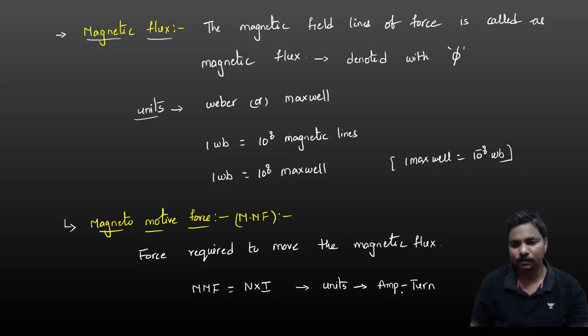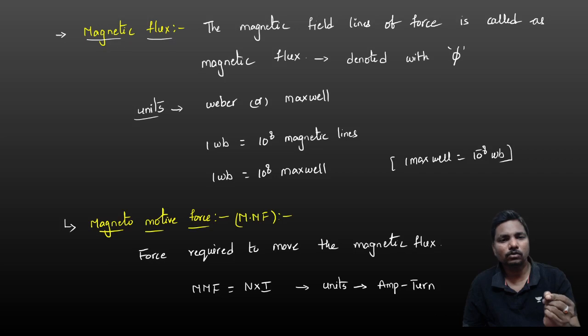Ampere turn is the unit of magnetomotive force. In the same way, we have resistance in electrical circuits; here it is reluctance. Reluctance is what opposes the flow of flux.